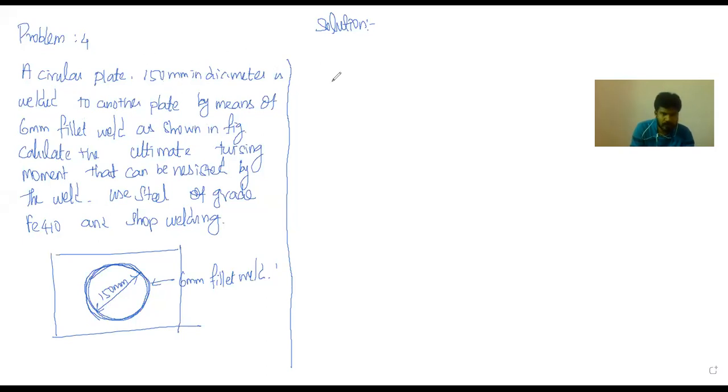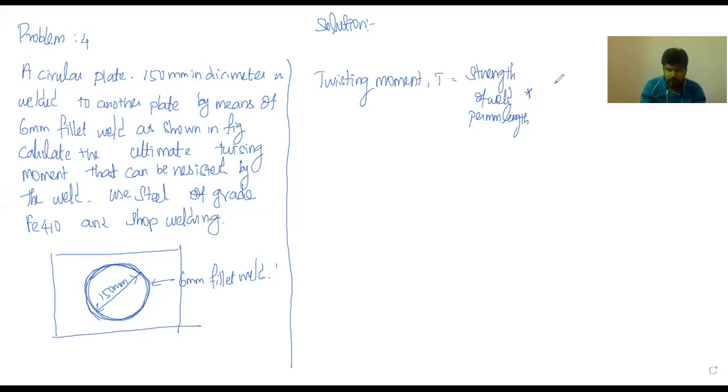First, the twisting moment. T is equal to the strength of weld per mm length, multiplied with the length of weld, multiplied with the radius of the pipe section or plate.